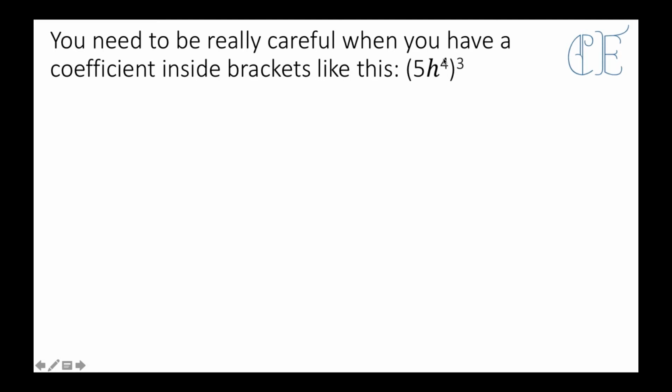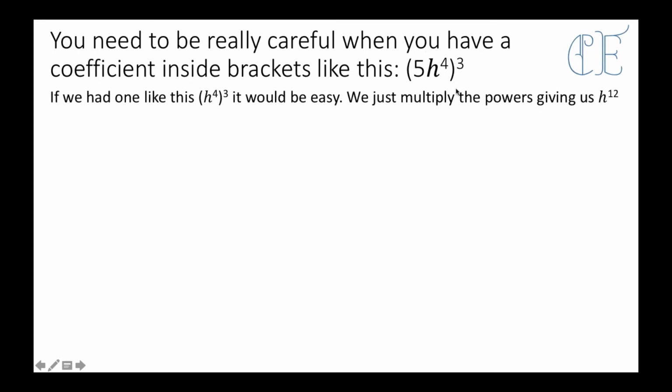Now remember what I said, this power of 4 belongs to the h, so that doesn't matter about this, but this 3 is actually the power of this entire thing. The 3 belongs to all of this, so you have to be very careful. I'll explain how you do that. Now if we only had one like this, where we had h and no numbers, we'll just do 4 times 3, because that was the rule.